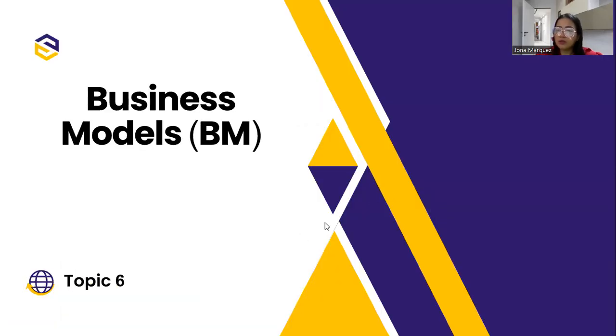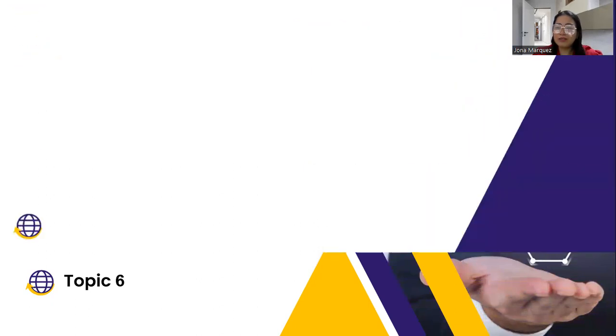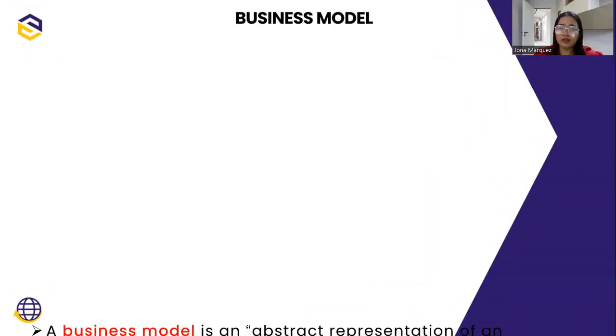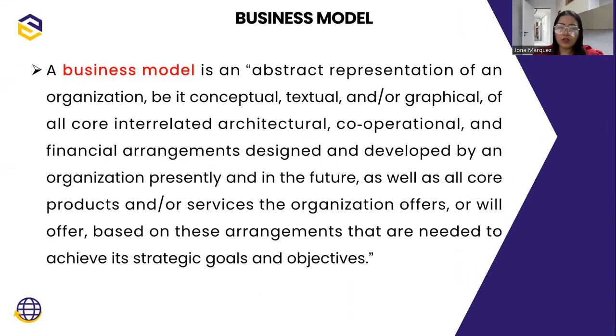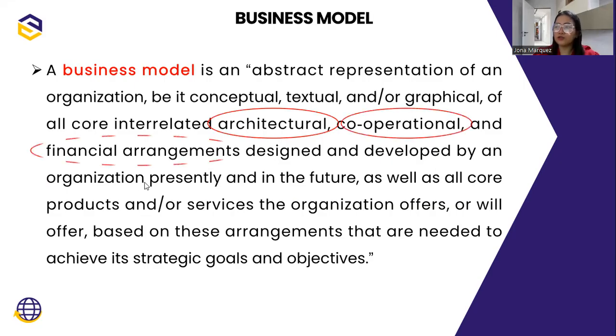So let's proceed with the topic 6. Business model. Alright, when we say business model, it is an abstract, okay, representation of our organization. So, it is yung conceptual, textual, or graphical of all core interrelated architectural, cooperational, and financial arrangement designed and developed by an organization.